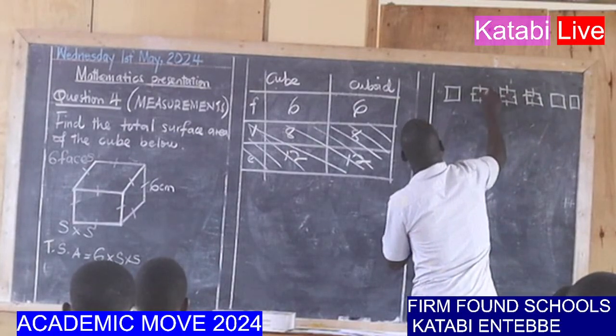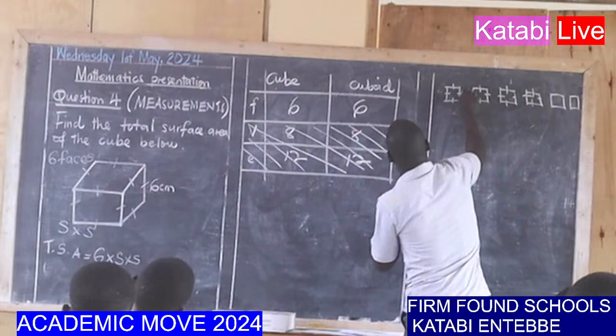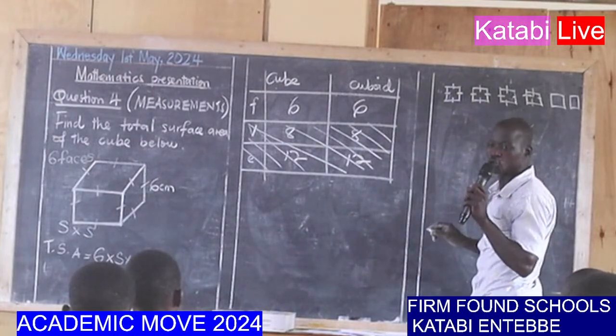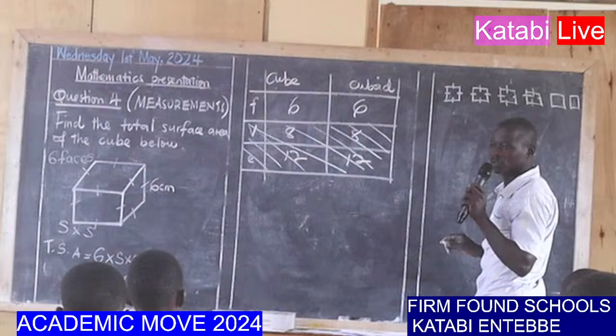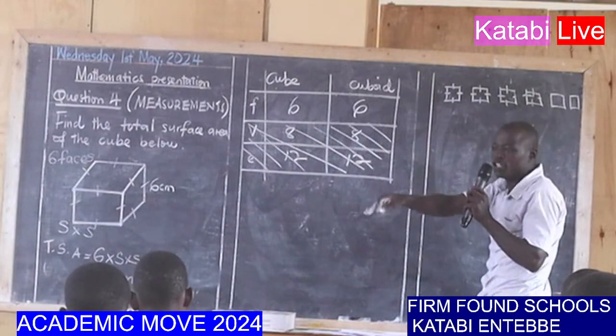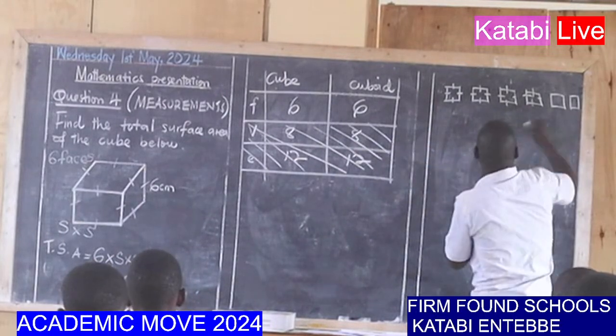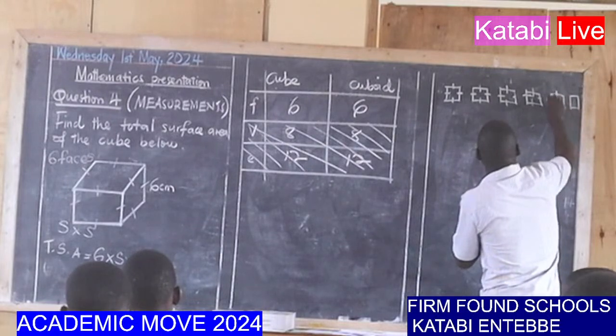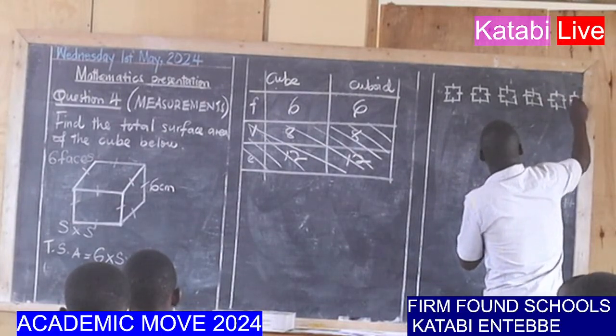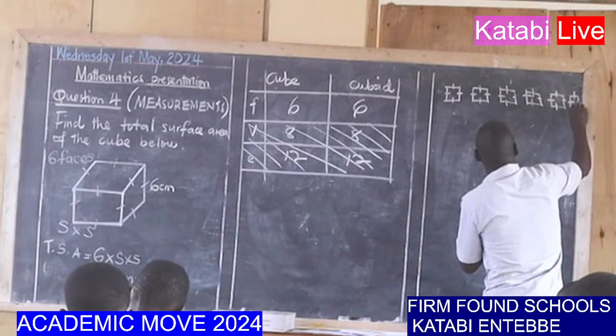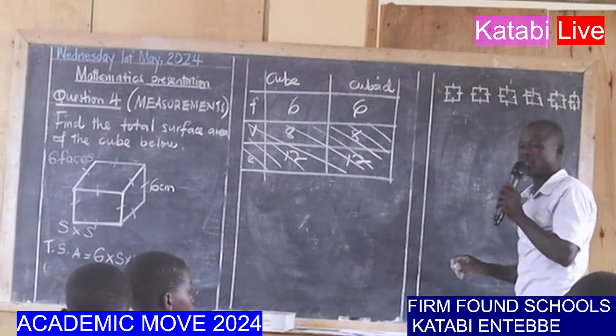Not so? The word total in mathematics means addition. It means the answer after addition. But we have diverted to repeated addition. Multiplication is a repeated addition.